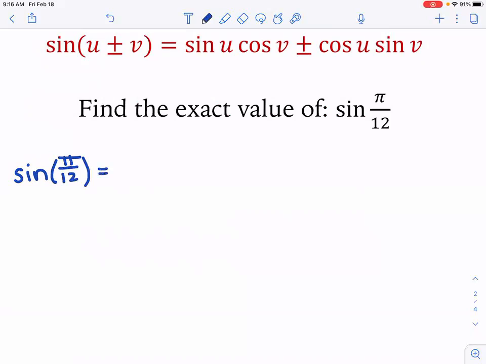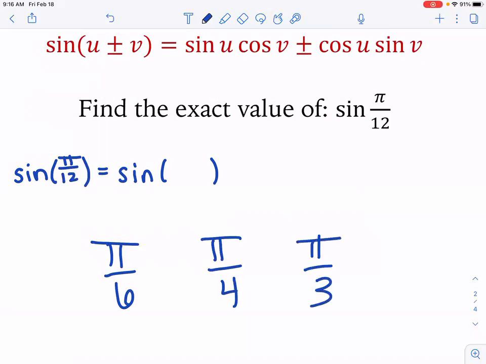Okay, so let's think about our unit circle. We have pi over 6, pi over 4, pi over 3. Could I take any of those and subtract them to get pi over 12? Which ones? Pi over 3 minus pi over 4. Okay, this is 4 pi over 12 minus 3 pi over 12.